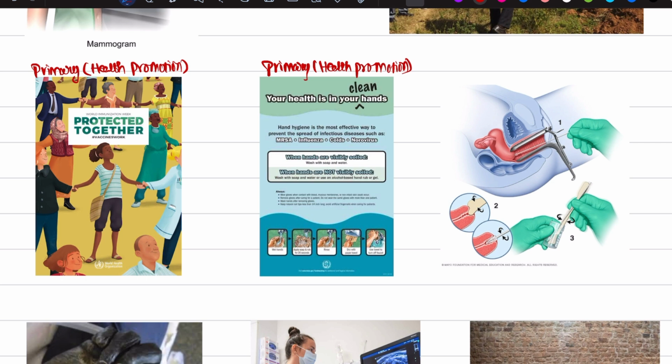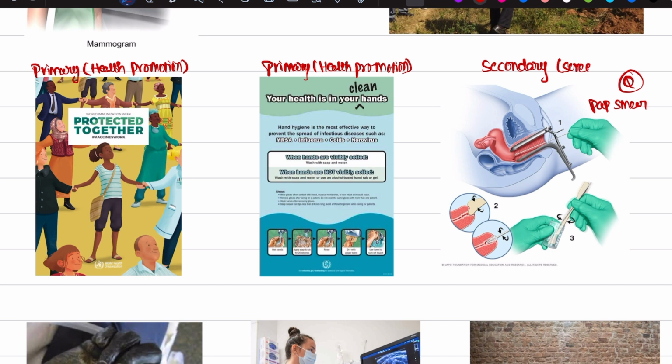And next image, this is a very important image. What the doctor is doing here is a pap smear. Pap smear is a screening test for cervical cancer, so it comes under secondary.